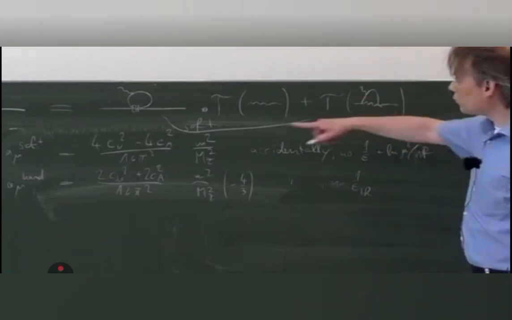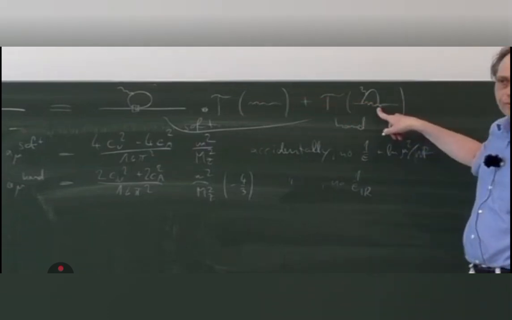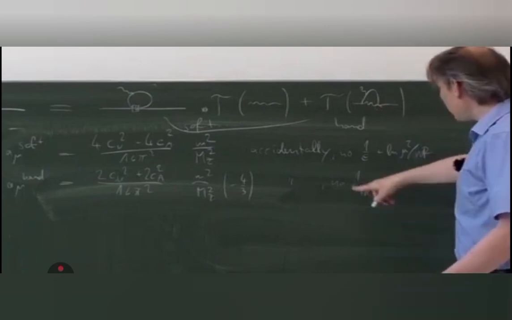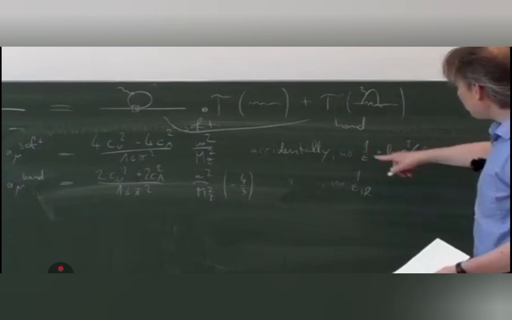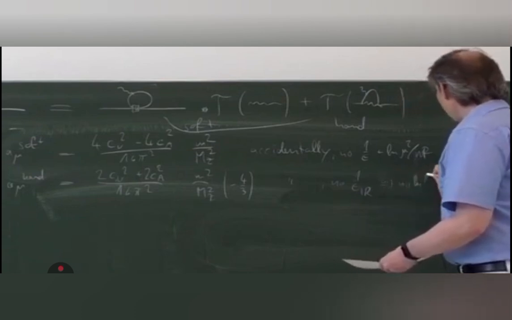So the original diagram is UV finite, therefore this is also UV finite, but it can become infrared divergent, but accidentally there is no such divergence because of consistency. Therefore there is again no ln μ^2 divided by the Z mass squared.